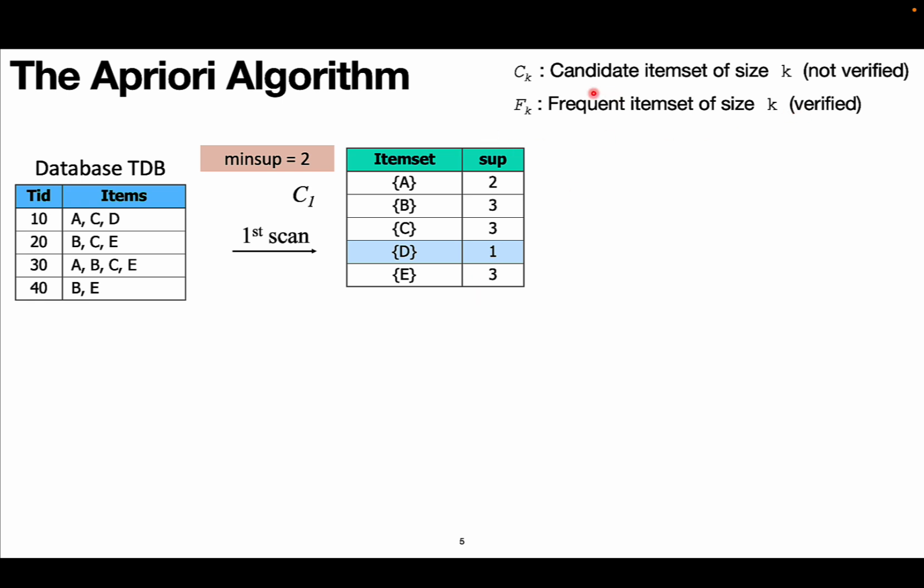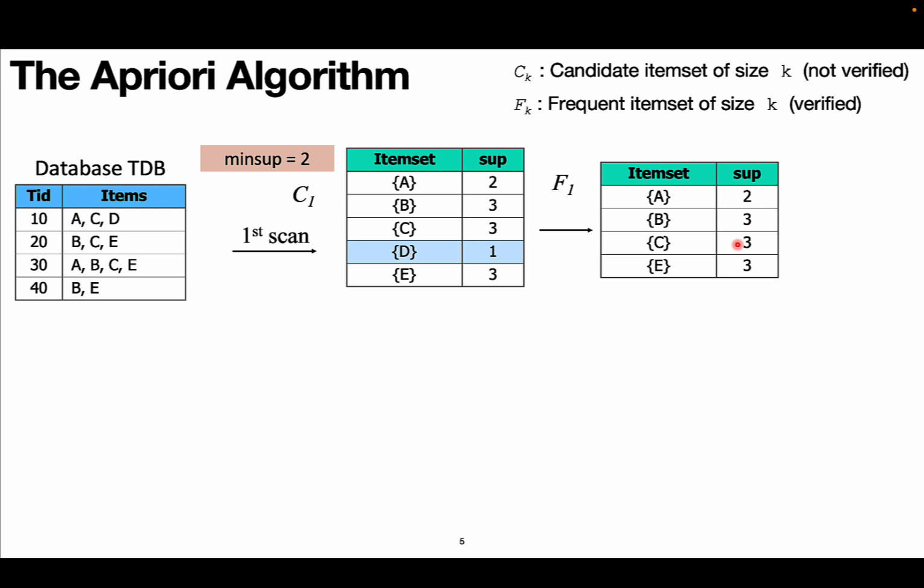Notice that the candidate item set is not verified yet. After that, the algorithm prunes the item sets that do not satisfy the minimum support. In this case, the algorithm got rid of D with support 1.